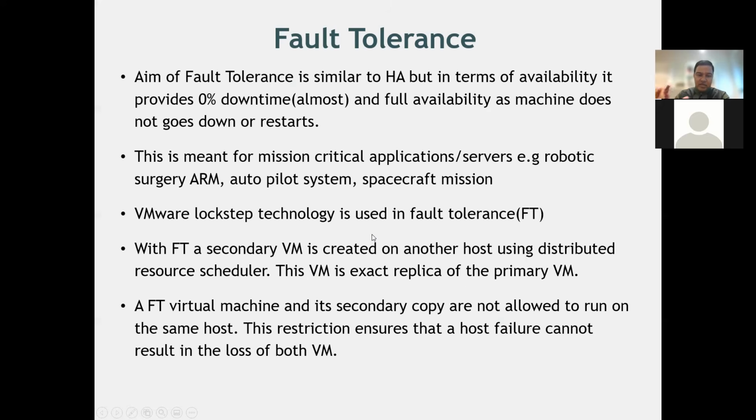And who is going to decide that the primary VM went off and the secondary VM will now be the primary VM, or how to make the replication? This is all done by another thing which we will learn next Thursday, called Distributed Resource Scheduler, and that takes care of the arrangement or replication from primary to secondary VM.